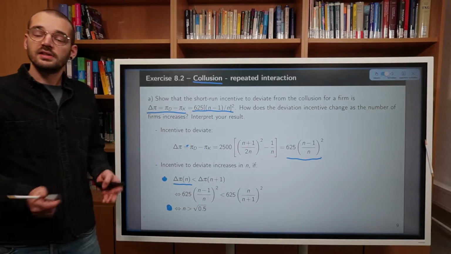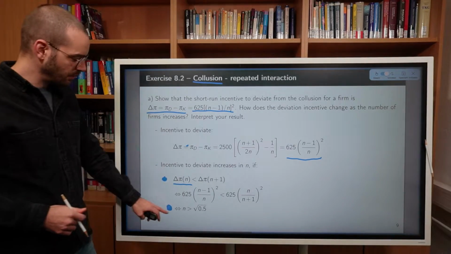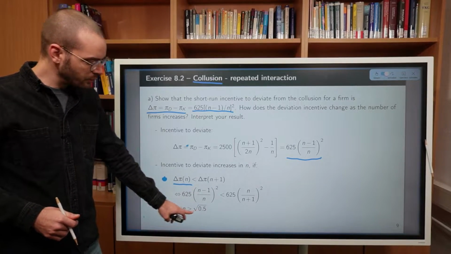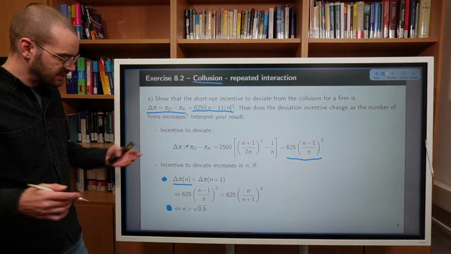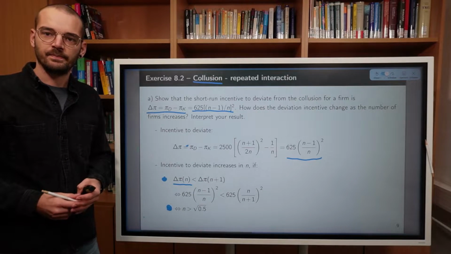Now this interval is quite interesting because the square root of 0.5 is a number smaller than 1, right?